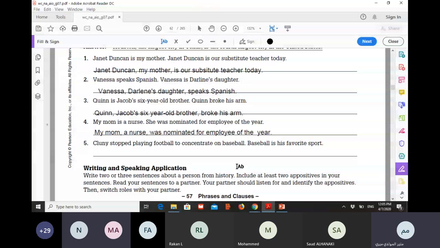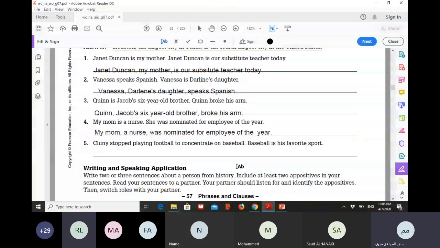Lani stopped playing football to concentrate on baseball. Baseball is his favorite sport. Lani, then, comma, stopped playing football to concentrate on baseball, comma, is his favorite sport. What do you think?